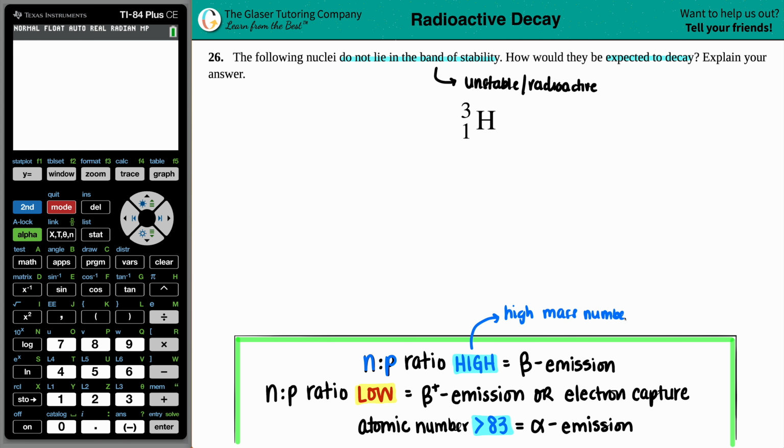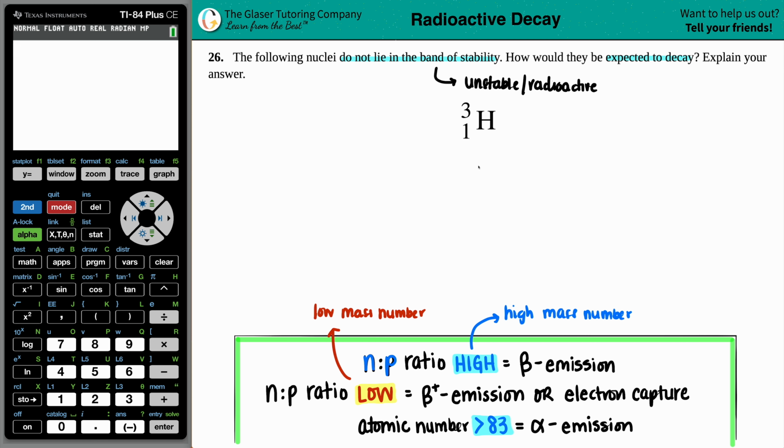And the mass number is the number of protons and neutrons. If you have a high ratio, you have a higher mass number. On the flip side, if you have a low N to P ratio, you're going to have a lower mass number.